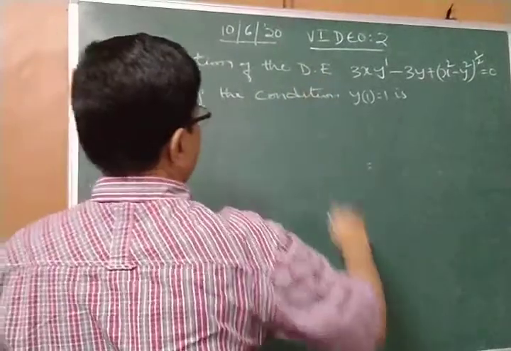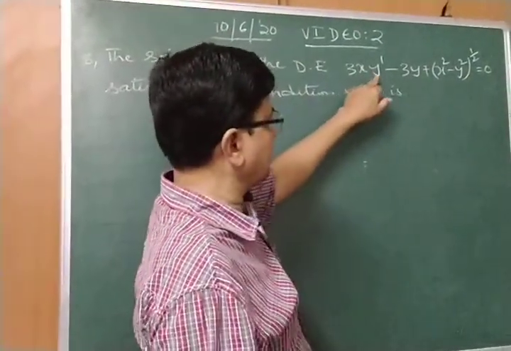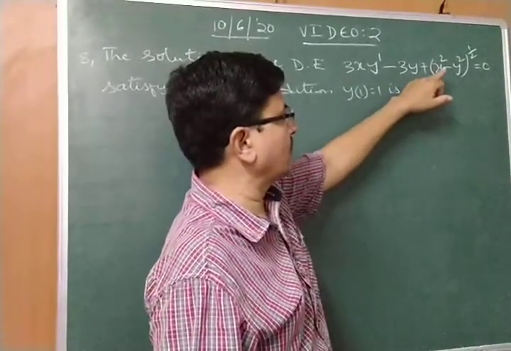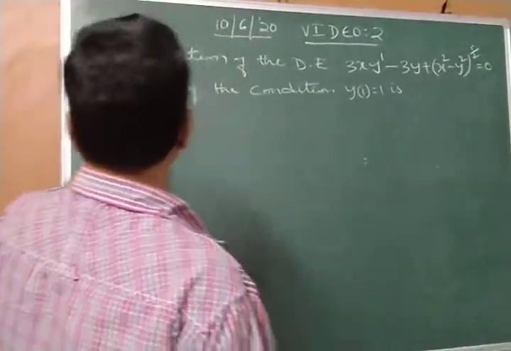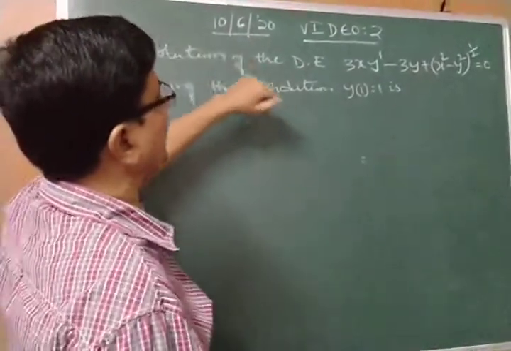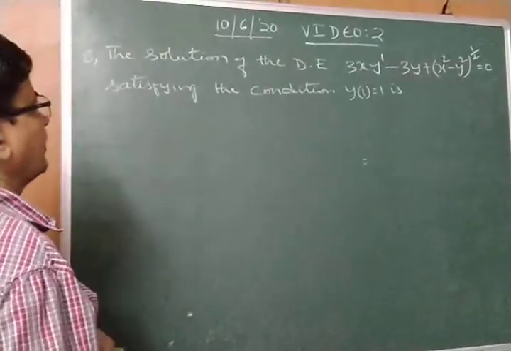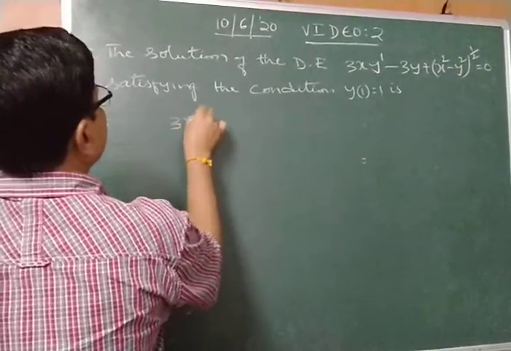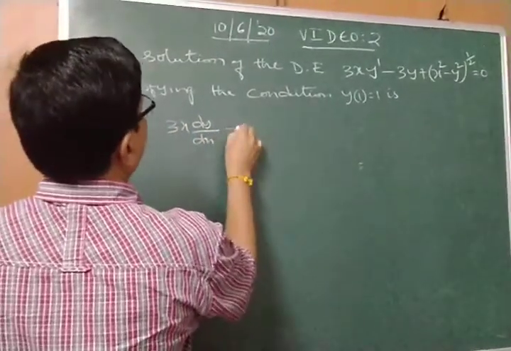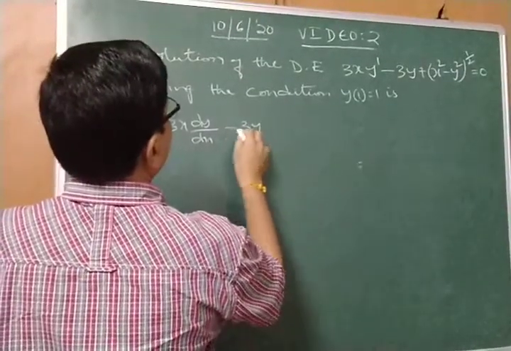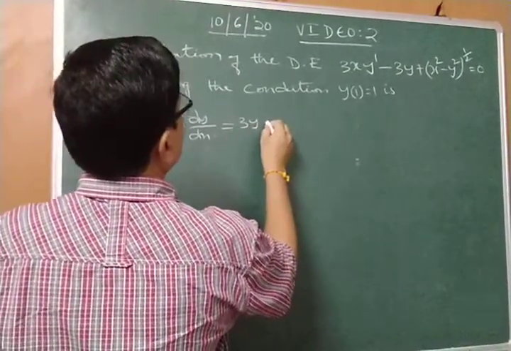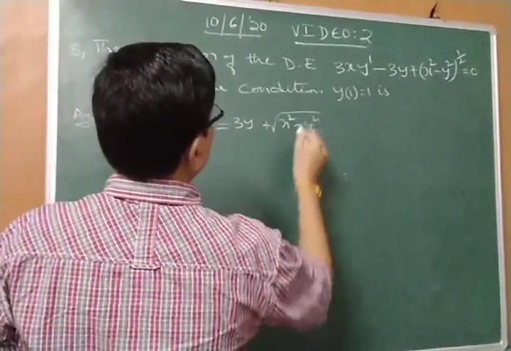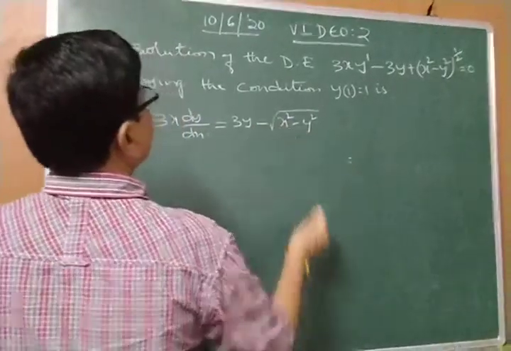This is the required equation of the curve. Solution of the differential equation 3x y dash minus 3y plus the square root of x square minus y square is equal to 0, satisfying the condition y of 1 is equal to 1. So here the given differential equation is 3x dy by dx minus 3y plus square root of x square minus y square is equal to 0.